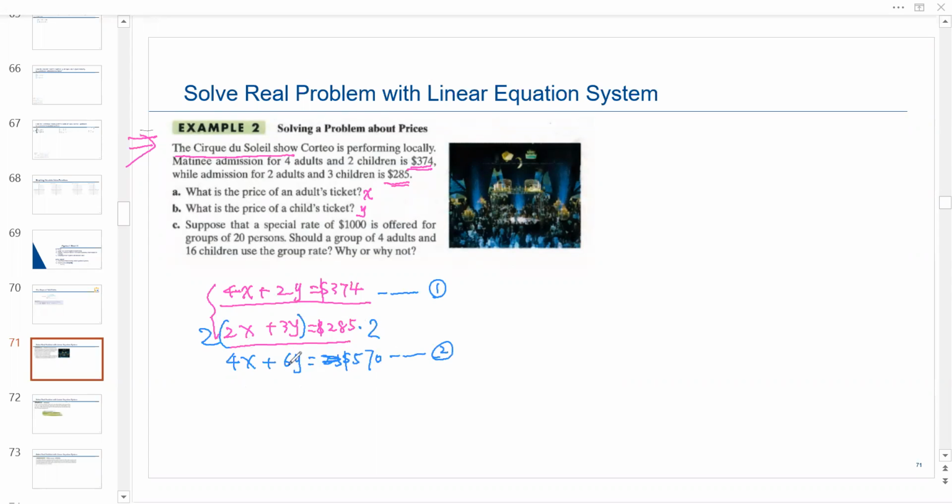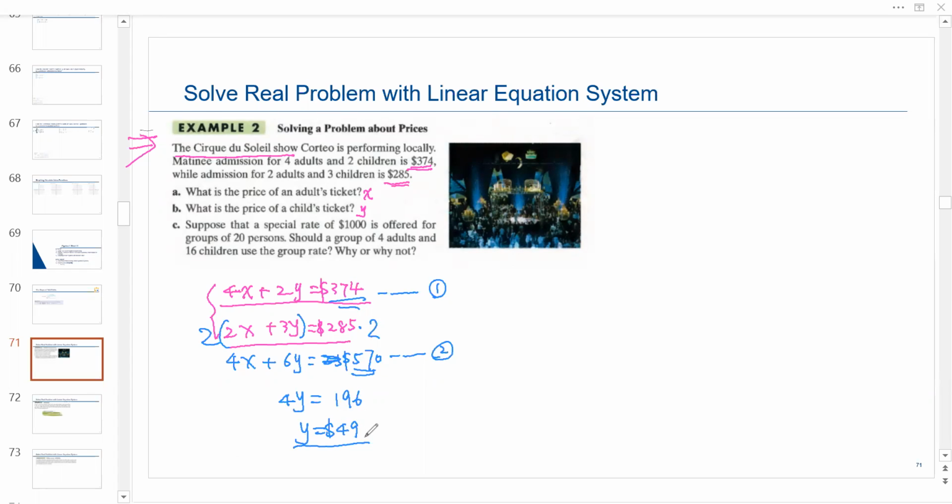Here x got 0, so y, you got 4y equals 196, right? So y equals what? $49.